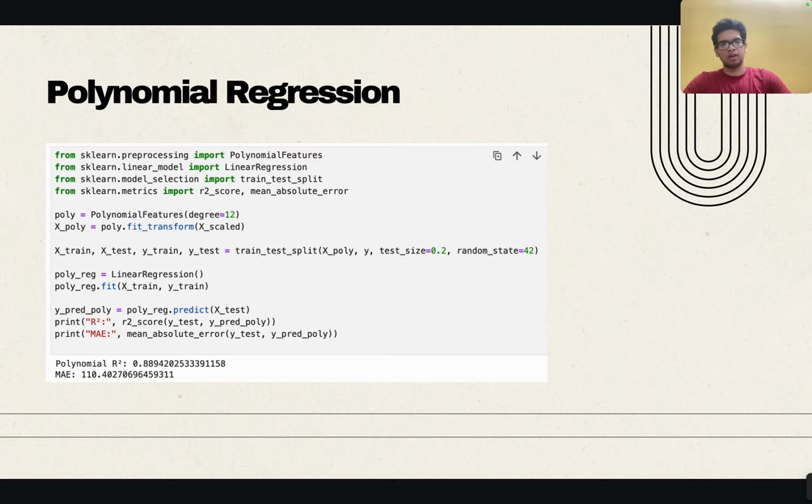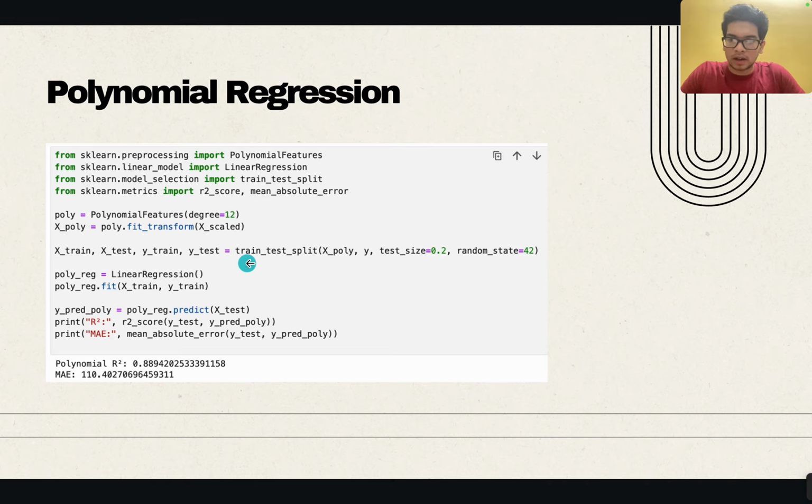Let's say time squared, LLD squared, voltage squared, cubes of them, and so on. So my data set is now moved to a higher dimensional data set. Here we have moved our data set to a higher dimension using a degree of 12, which is up to the 12th degree polynomial, time raised to power 12, and so on.